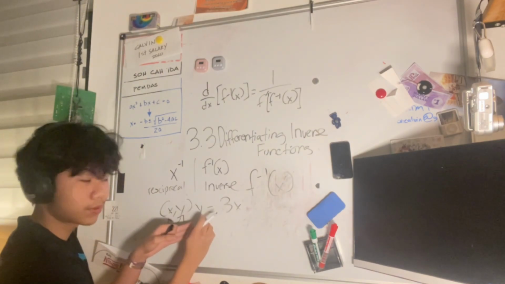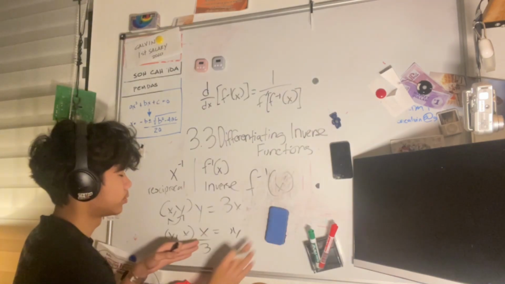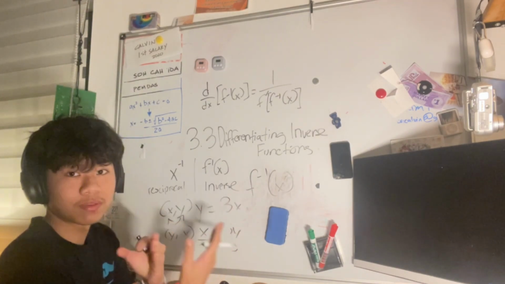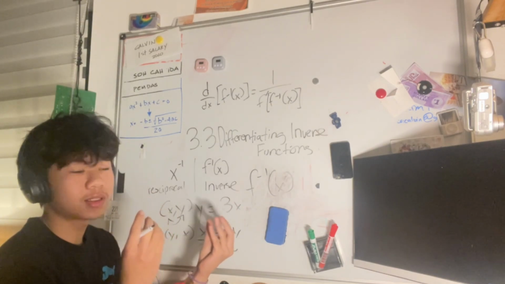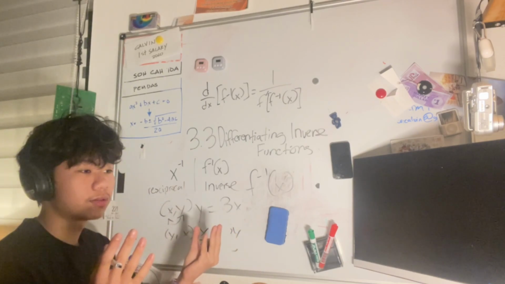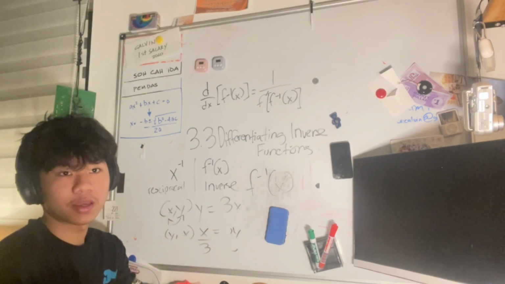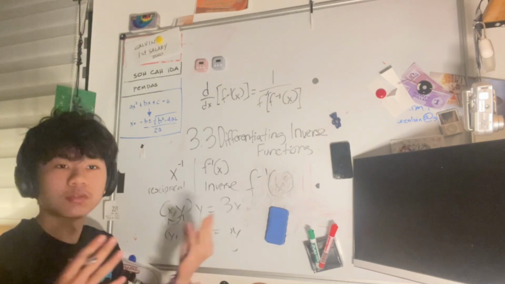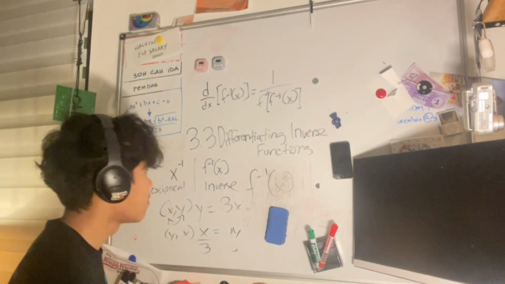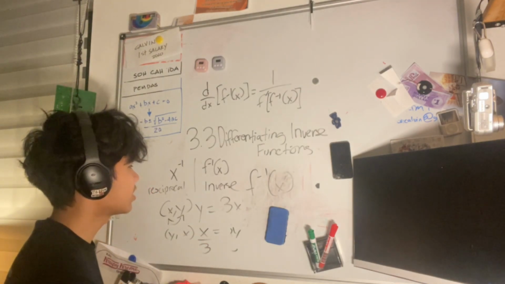So pretend this y is x over 3. So that's what an inverse is. You just exchange the values, and you just make y go by itself again. You factor and do whatever you can to make y go by itself. And I guess that's for that part.